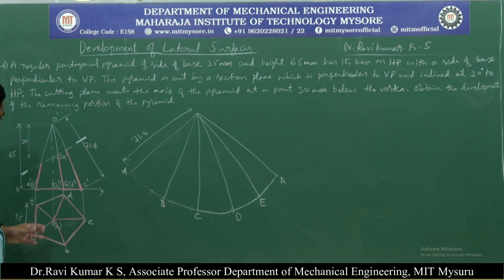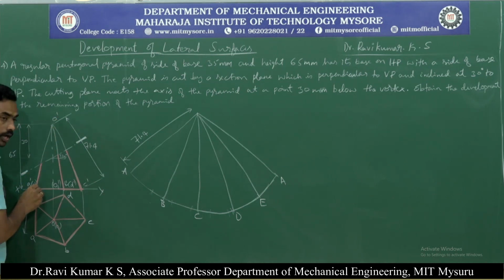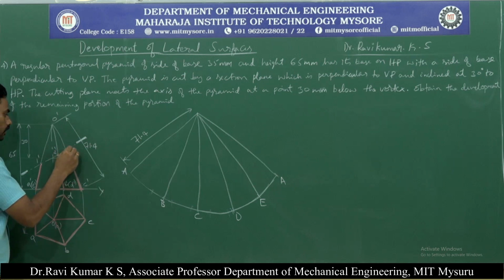Now just have a look at this. This lateral edge OA is cut by the section plane at this point. So this is 1 dash. This lateral edge OB is cut by the section plane at this point. This is 2 dash. OC 3 dash. OD 4 dash.